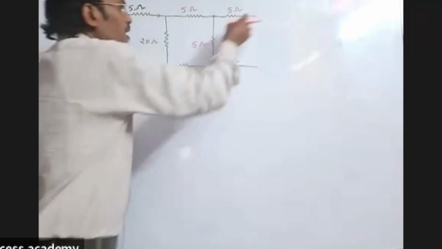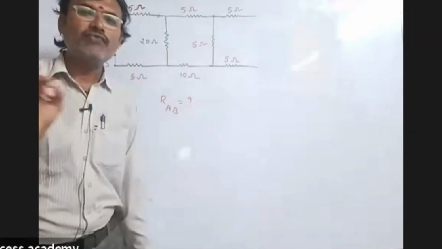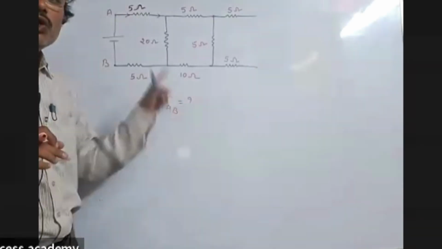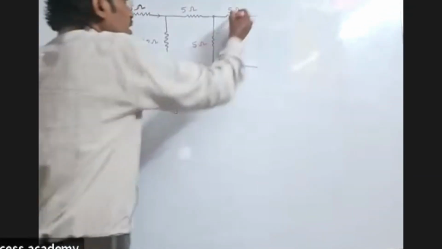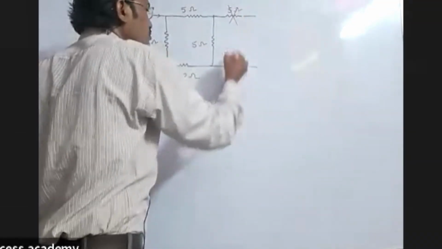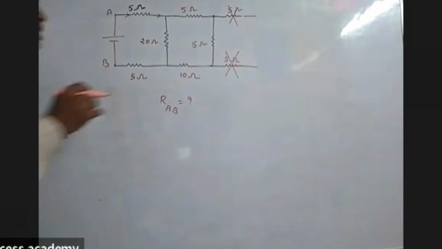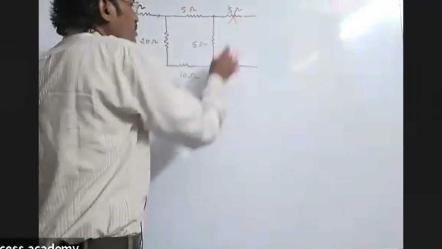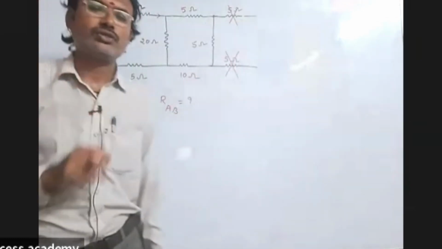It means this part of the circuit is open. In an open circuit, no current flows. So these two are invalid. Invalid means even though those are present in the circuit, they are of no use.